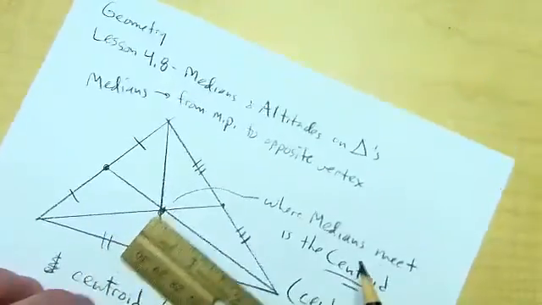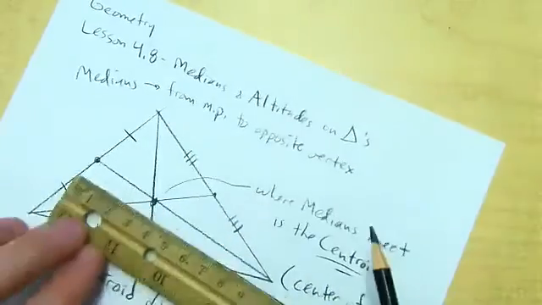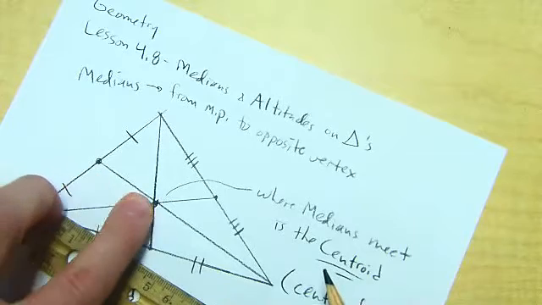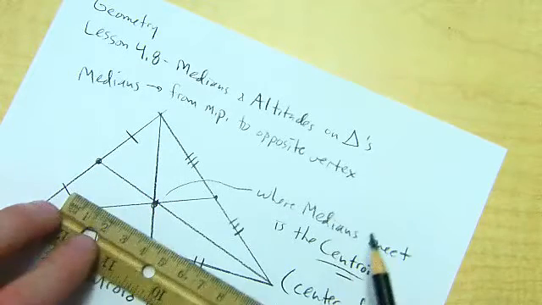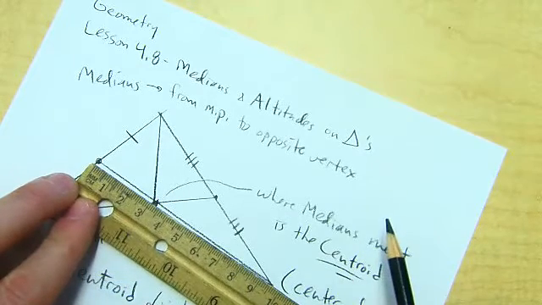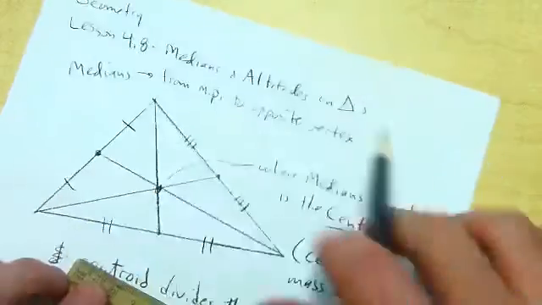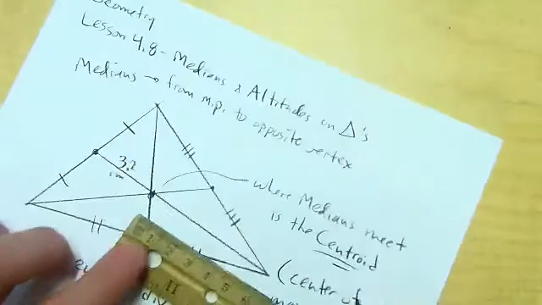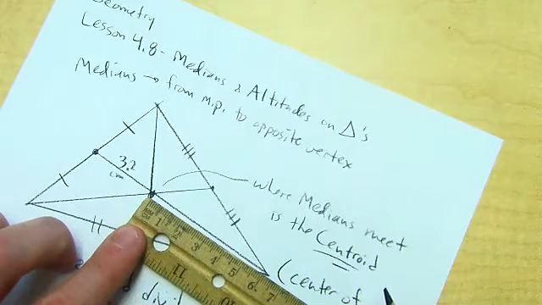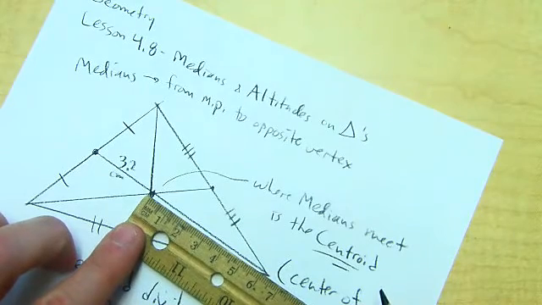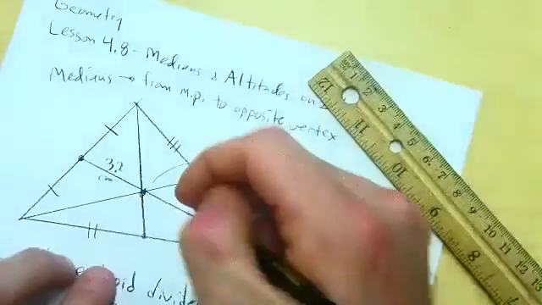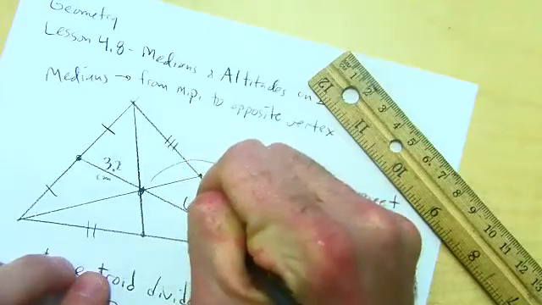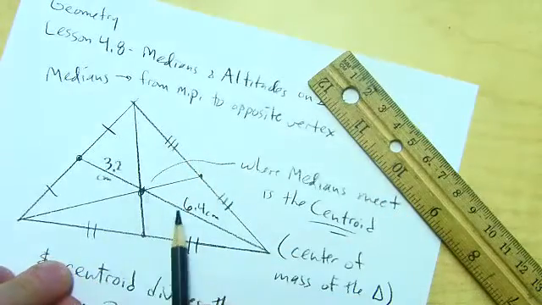No circle to draw this time, so I'm going to measure from, say, the end here to where these meet, to the centroid. Looks like 3.2 centimeters. And now if I go here, it should be 6.4. Looks pretty close, okay? See the 2-to-1 ratio.